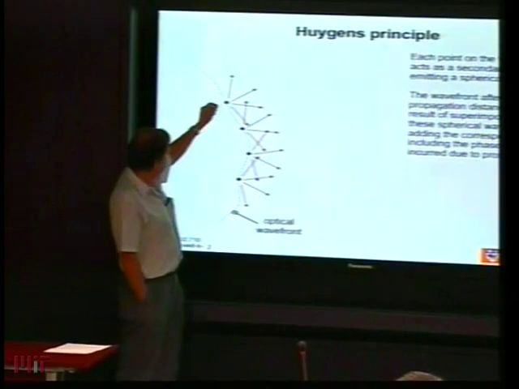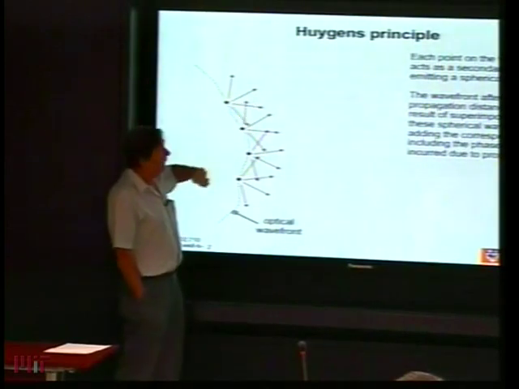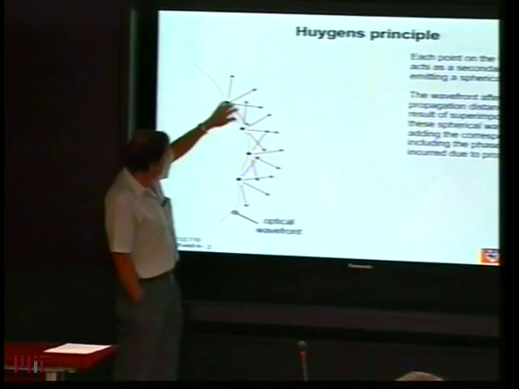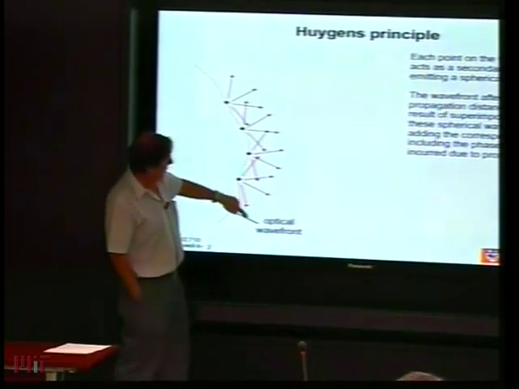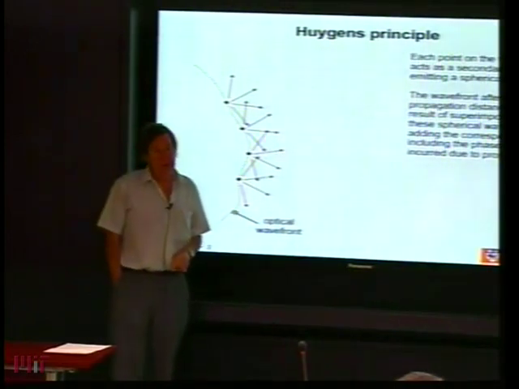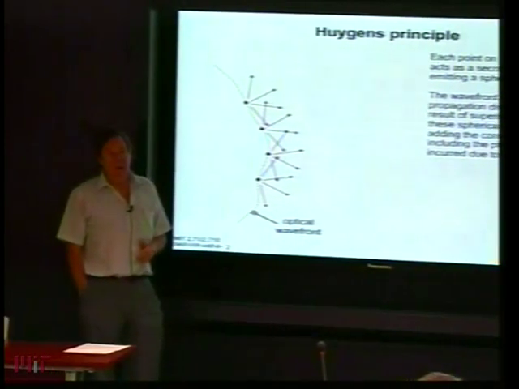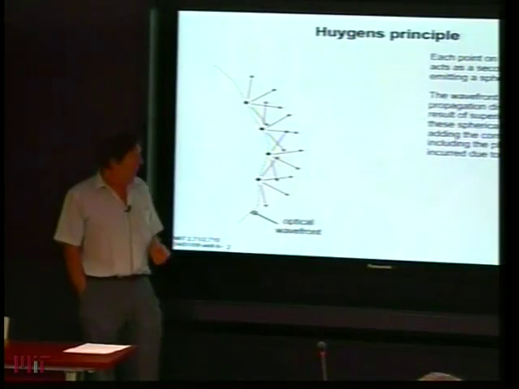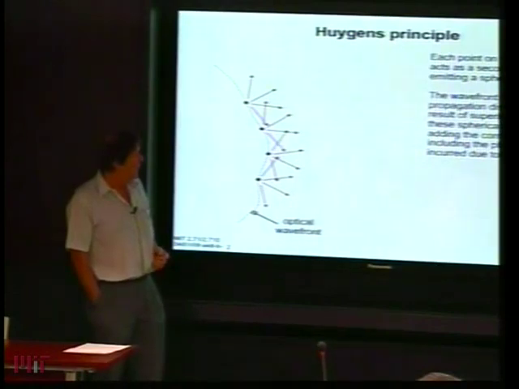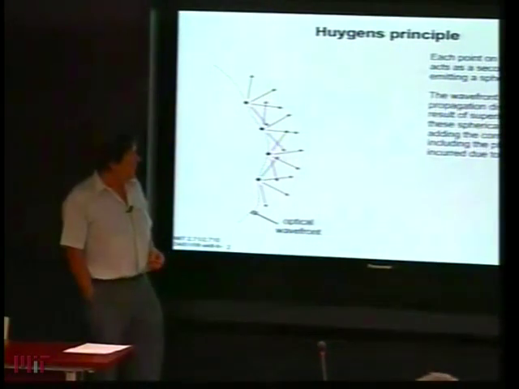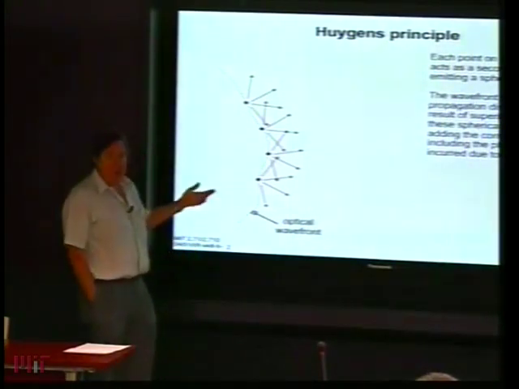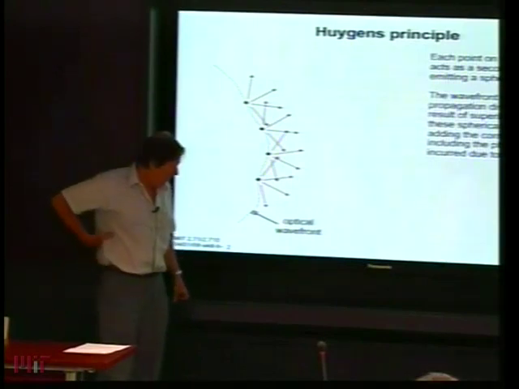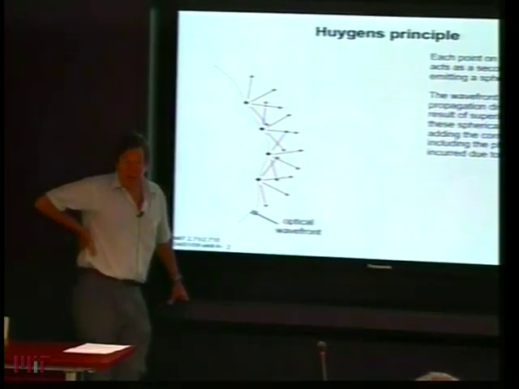So each of these points radiates like a spherical wave, and then if you sum those all up and calculate what the effect is at some distance in front here, then that would predict what the wave had done at a slightly later time. So that's the principle, quite a simple idea really, and you can come up with a very simple mathematical description of it.